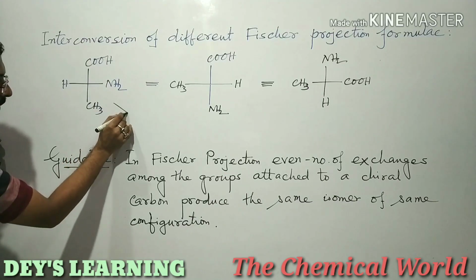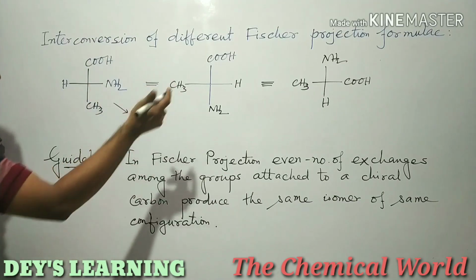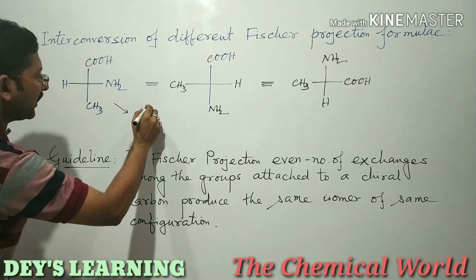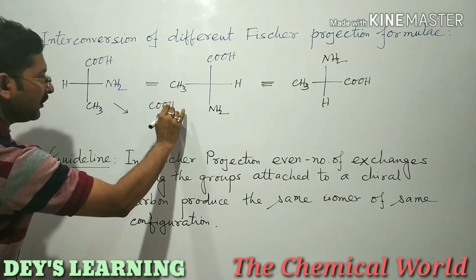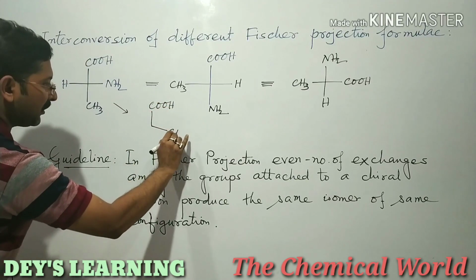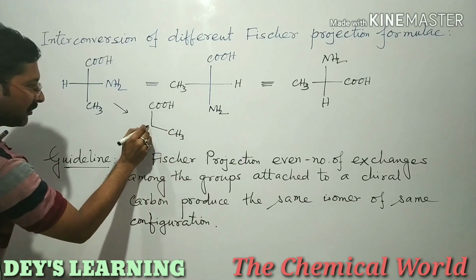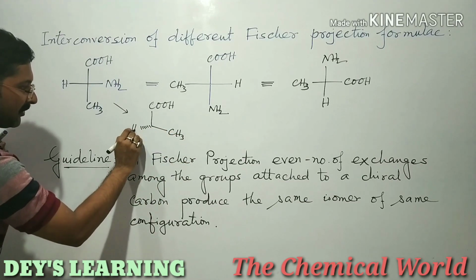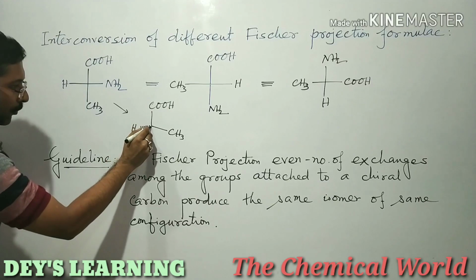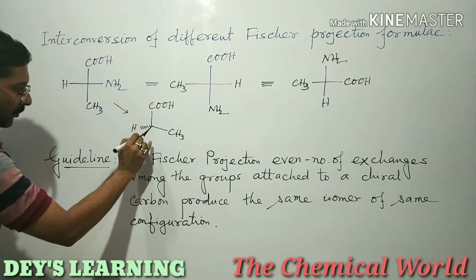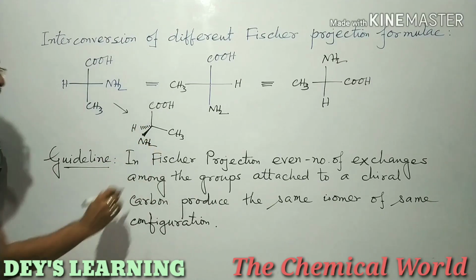If we convert this one into the Flying-Wedge or Wedge-Dash configuration, this is COOH, CH3. Look at here, CH3 turns right, so the right hand group will come at the frontal bond. This is the NH2.